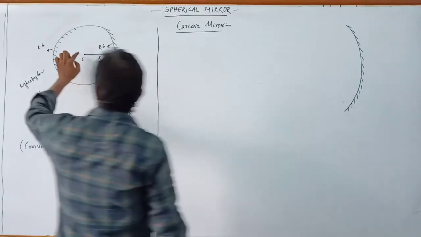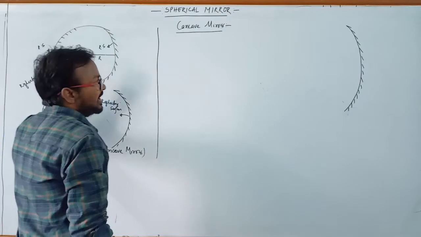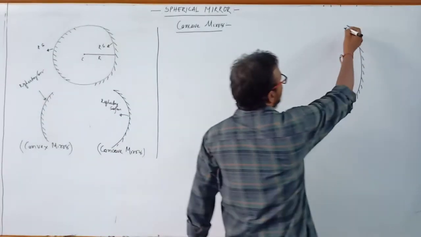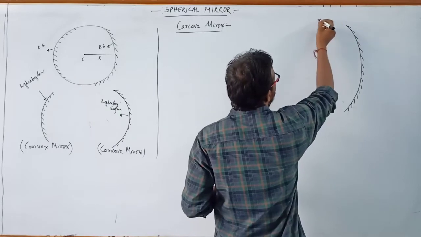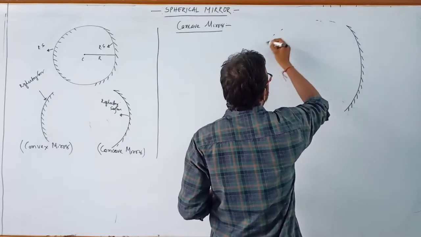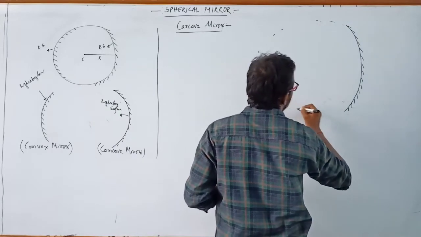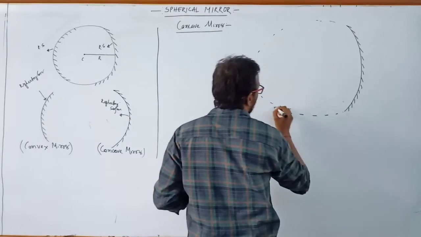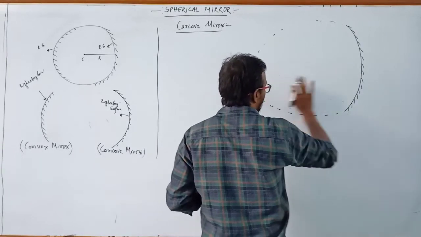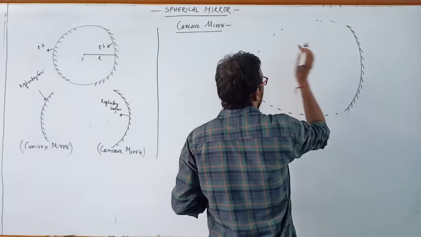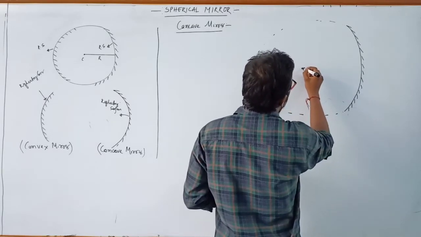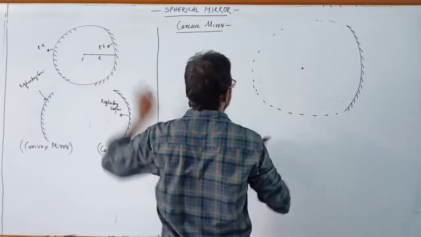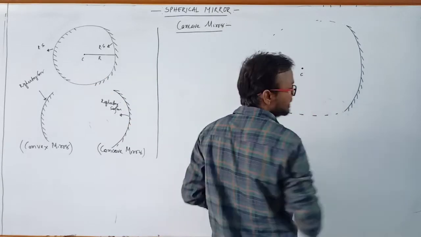Here the center of the sphere is C. If we complete this sphere, this is the central point, the center of the sphere, and we write C here.